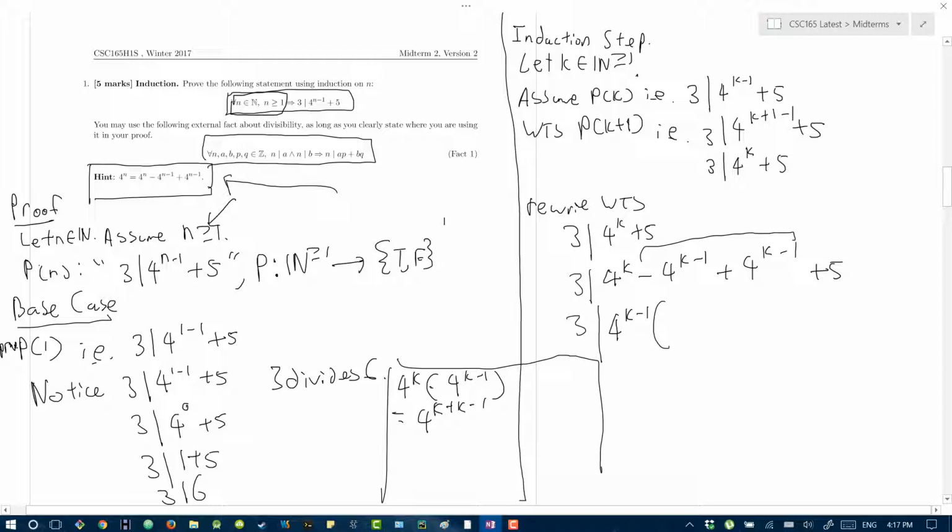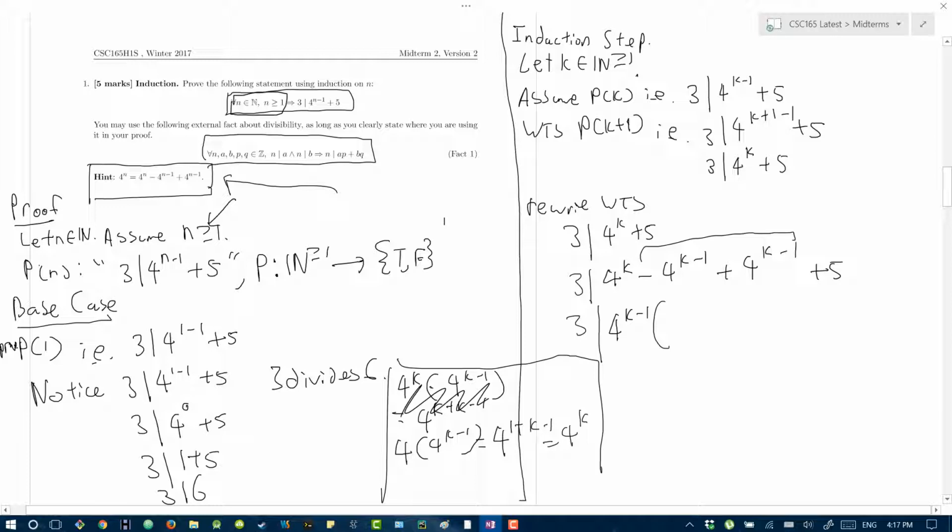Okay, that's not what we're looking for. So if you have 4 times 4^(k-1), this is equal to 4^(1+k-1), which is equal to 4^k.